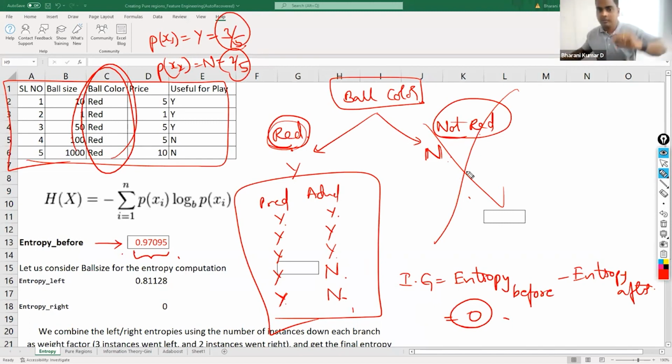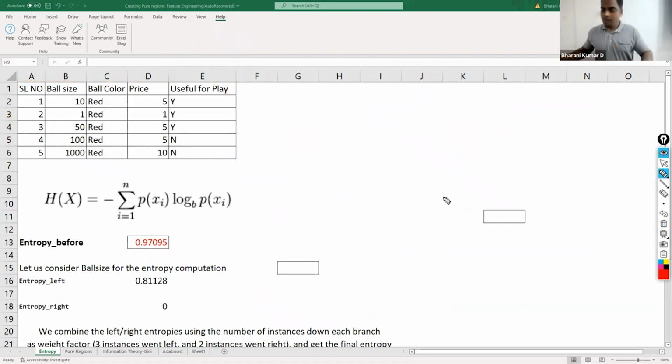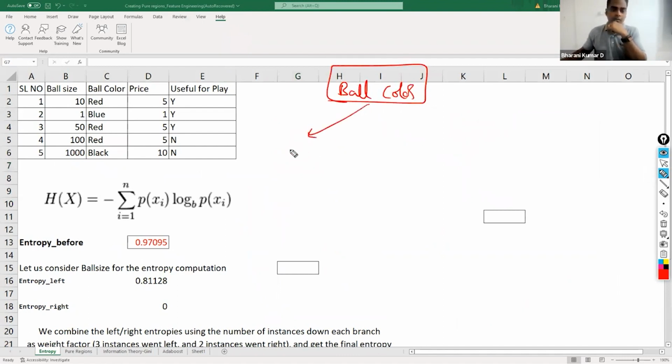Now going back to your question. Our friend is saying that this part I understand, but what if we have blue color and what if we have black color? Now we have 3 classes here in ball color. Yes and no is what I need to classify, but then I have red, blue and black.